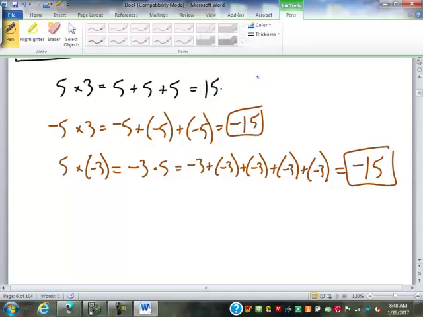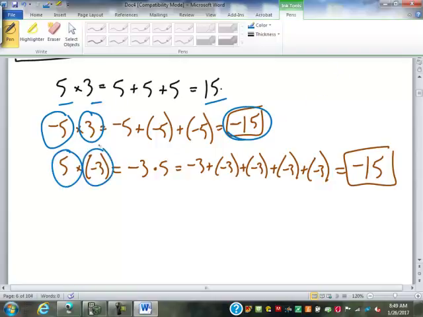Somewhere along the line, you were probably taught that a positive times a positive is always a positive. And you were probably taught a negative times a positive gives you a negative.